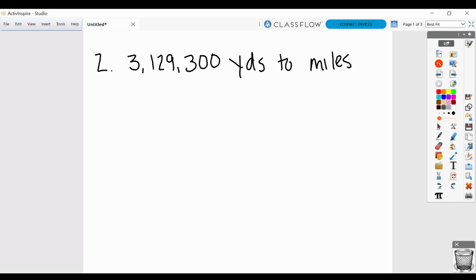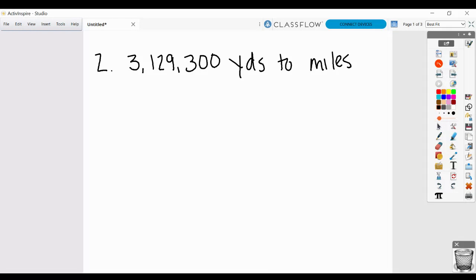3,129,000 yards to miles. So what you need to look at on your conversion sheet is what are the conversions that you have. Yards to miles is not a straight conversion.